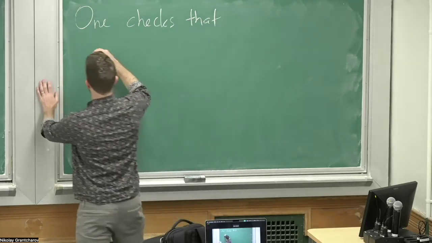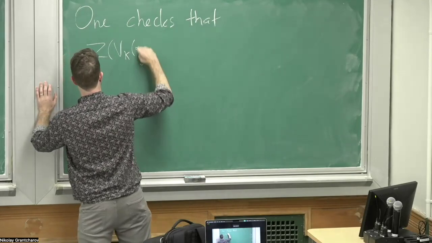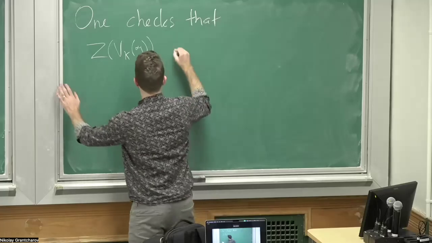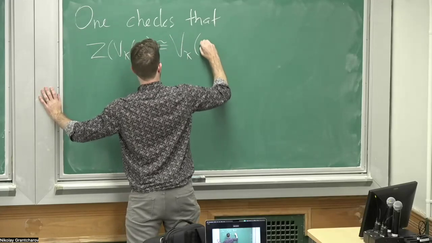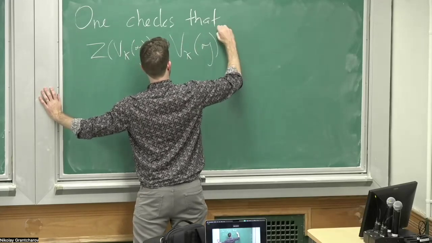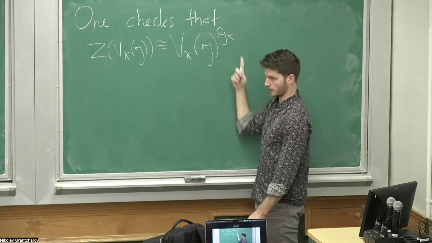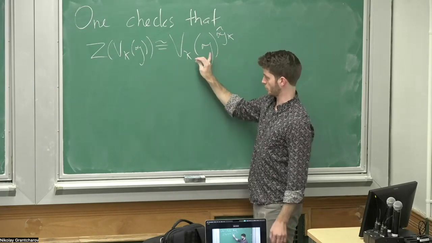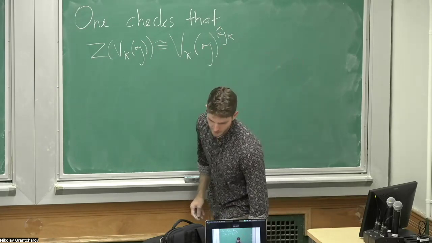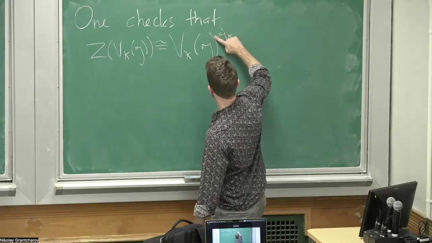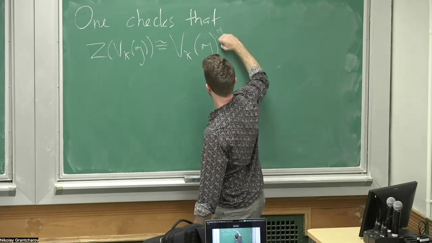At arbitrary level, this center is identified with the subspace of invariant vectors. By construction this is a representation of the Kac-Moody Lie algebra, and you can check that this condition is equivalent to being invariant under the action of the Kac-Moody Lie algebra. Sorry, that's wrong.